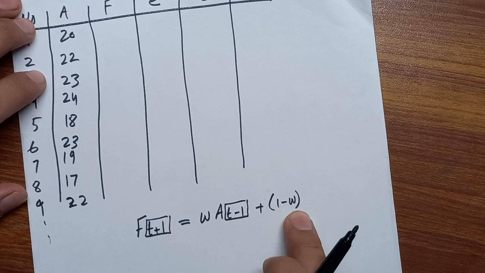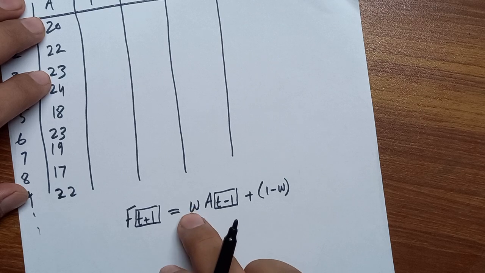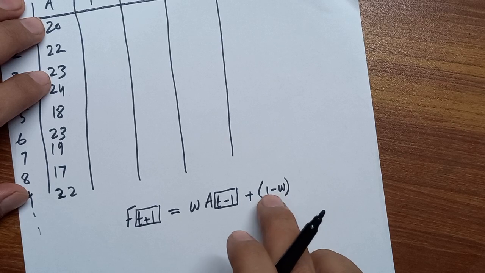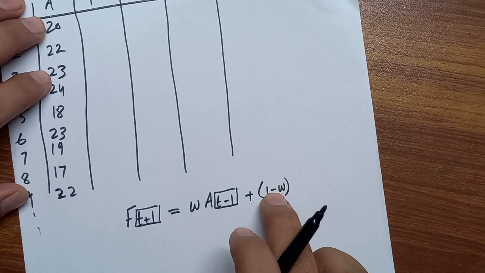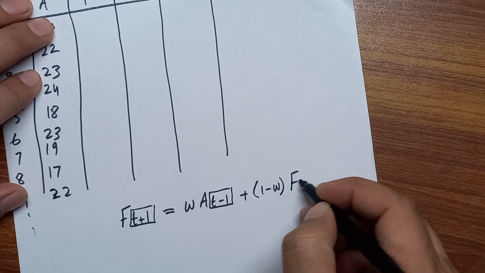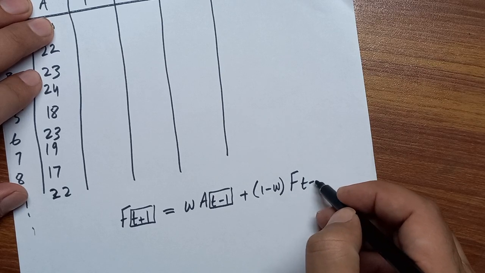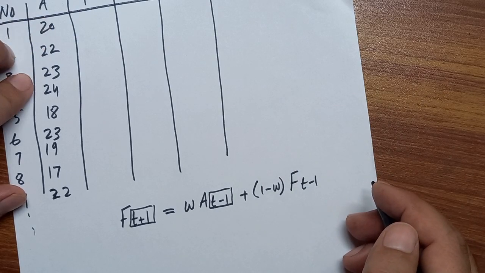So 1 minus weight means, let's say we have 0.7 here, and we will subtract 1 minus 0.7, here we will have 0.3, and we will have forecasting data. So t minus 1, the forecasting data of the previous year.